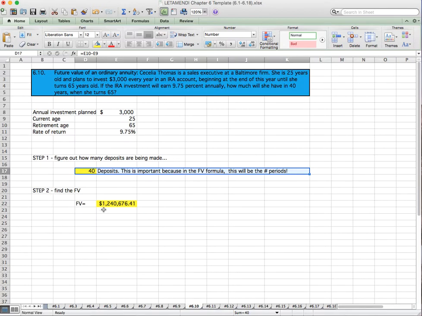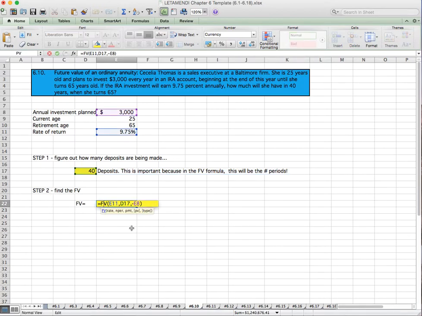So the second step is just simply to find the future value. We put FV, open parentheses, the rate, we have it, 9.75, comma. The number of periods is not any of these, it's this one, 40 deposits, comma.